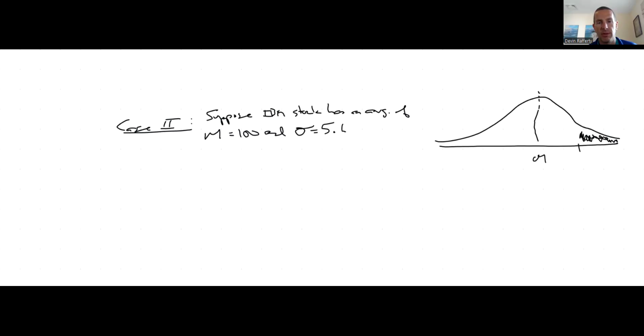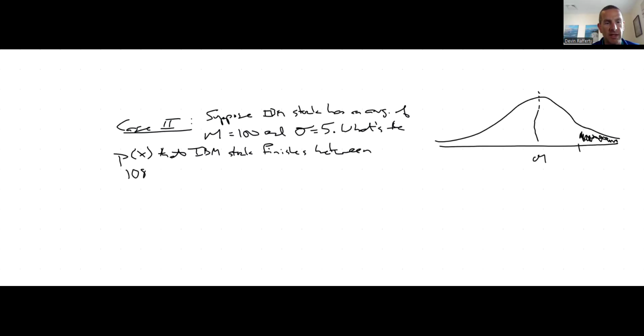Let's say, what's the probability? What's the P of X that IBM stock finishes between, oh, I don't know, $108.50 or more.